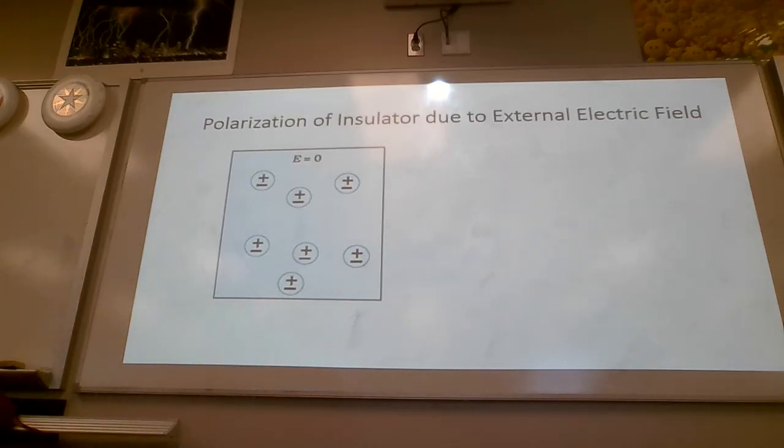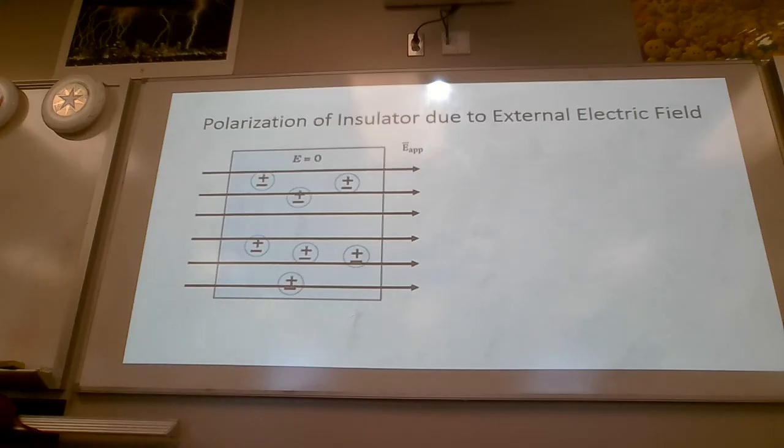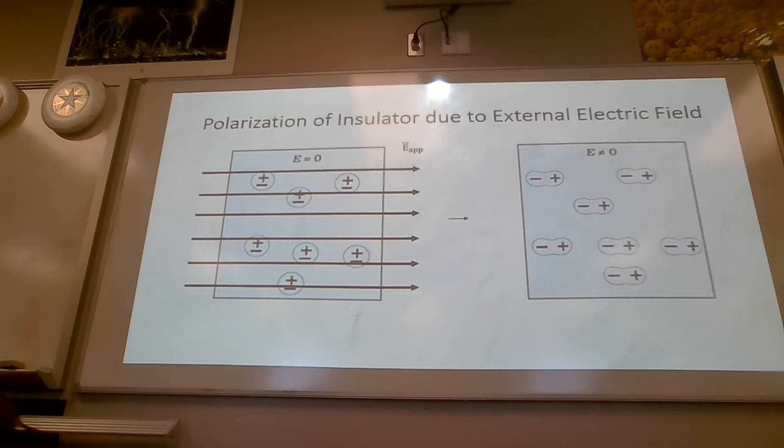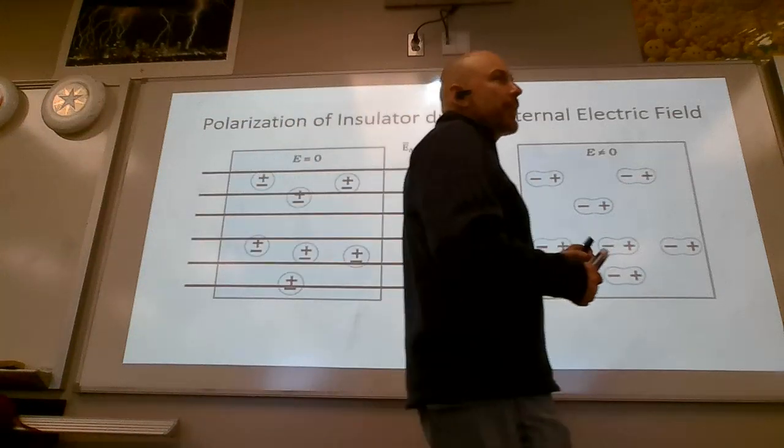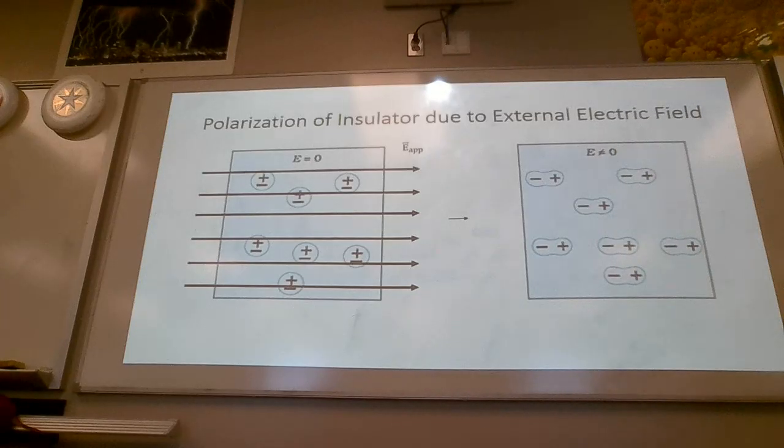Okay, now that was a conductor. An insulator is a different story. When you apply an external field, the molecules polarize, not the entire object, but the molecules, because the electrons are held to the molecule.